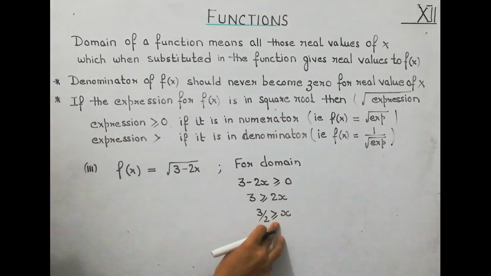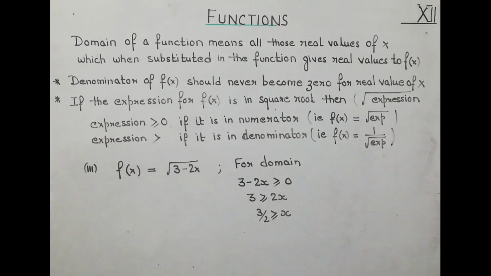So x is less than or equal to 3 by 2. So we can say we will be having all the real values starting from 3 by 2 but less than that: 3 by 2 and the values which are less.